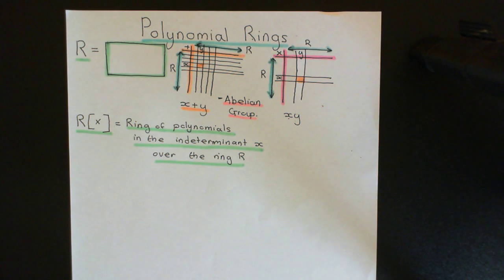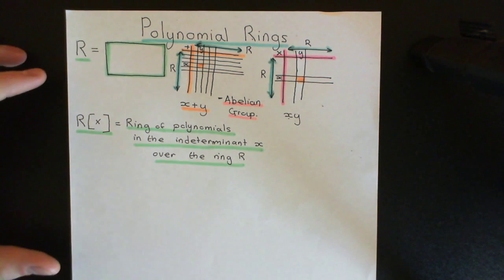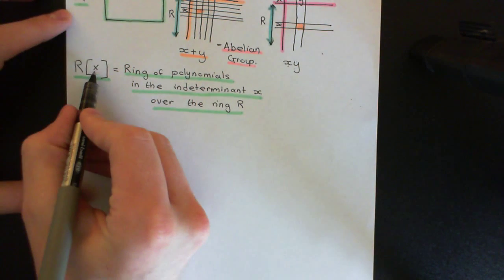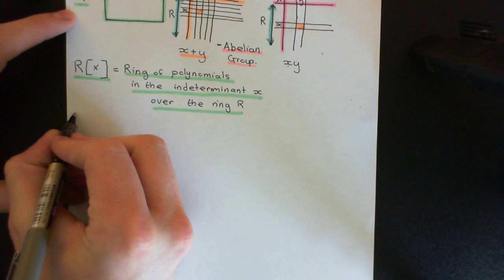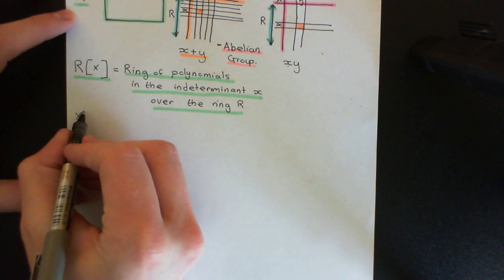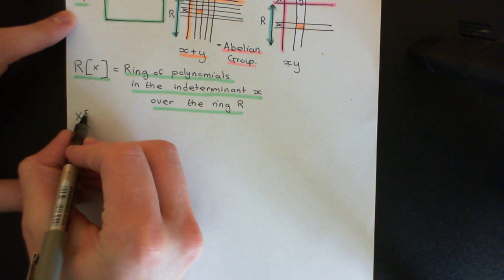So here comes the formal definition of a polynomial. It is just a symbol, a complicated symbol that we are going to create from the symbols that are in our commutative ring, capital R. We're going to use this new symbol x, and we're going to have powers of x, and these are just symbols.